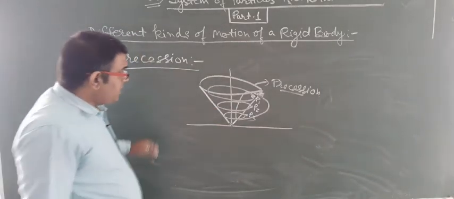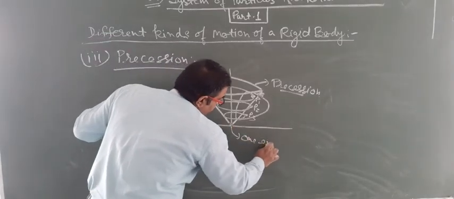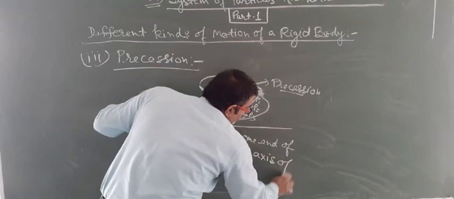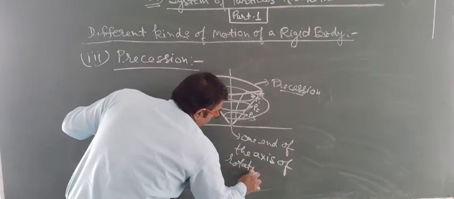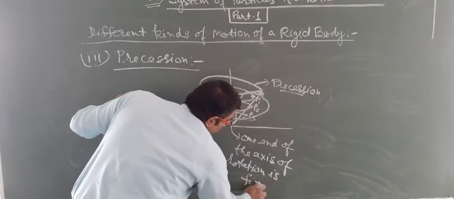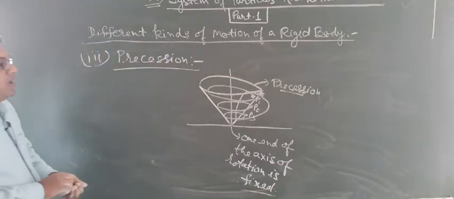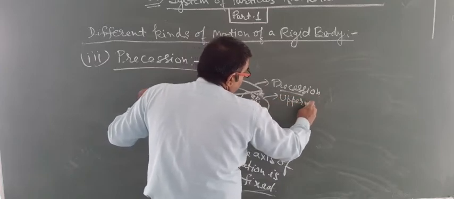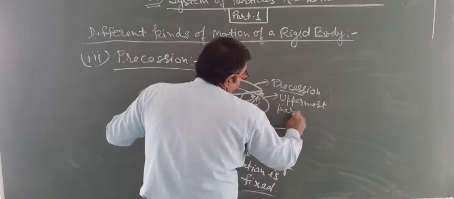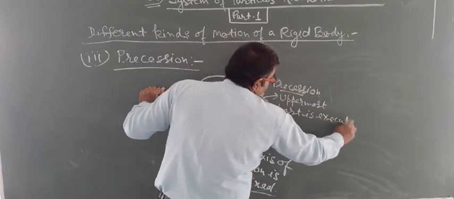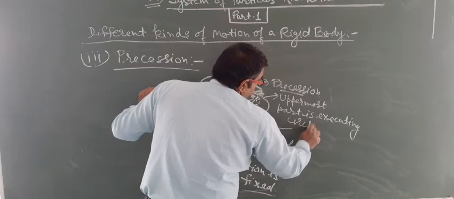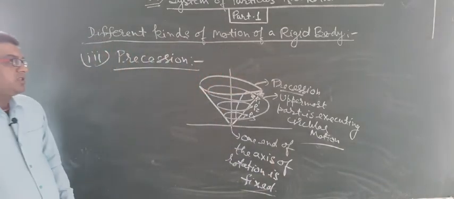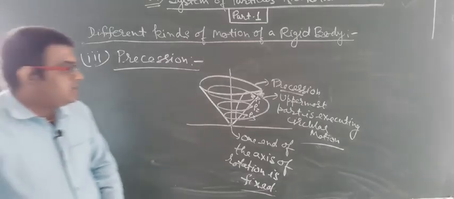The system of the top means one end of the axis of rotation is fixed, and the uppermost part is executing circular motion. So this type of motion is called precession.